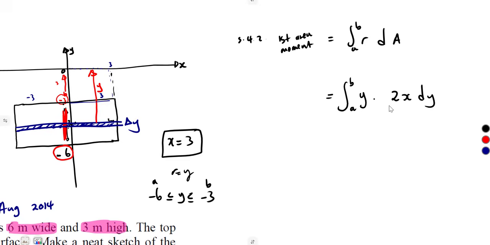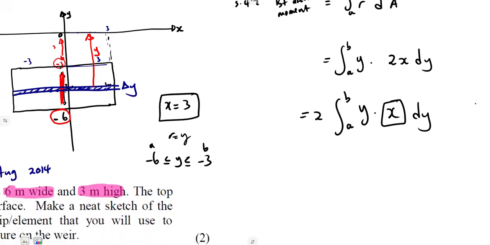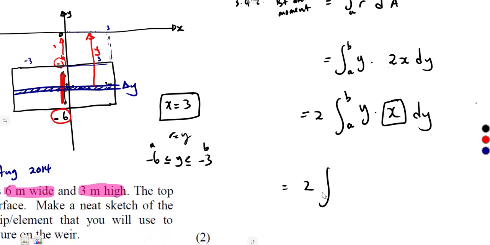So we can take the 2 out of the integral. That's 2, a to b, y times x dy. We're going to substitute our x with its equivalent. The limits are minus 6 to minus 3, y times our x. Remember, x is equal to 3.